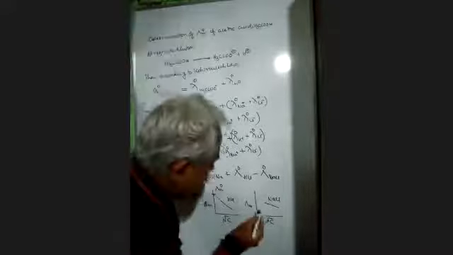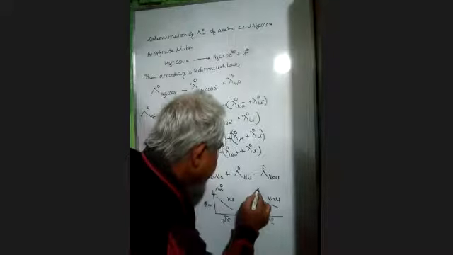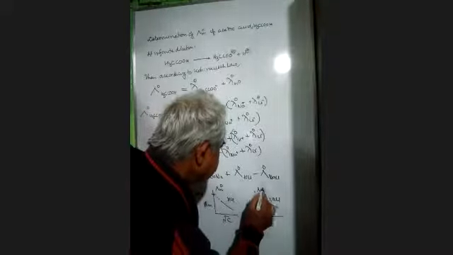Then with the help of a scale, I'll extrapolate. This is lambda m0 of NaCl. So I have to do three experiments for sodium acetate, HCl, and sodium chloride. I'll put these values and immediately get the limiting molar conductivity of acetic acid.